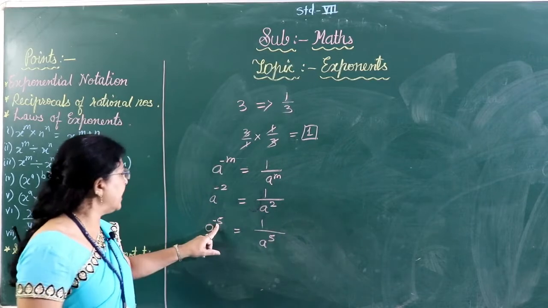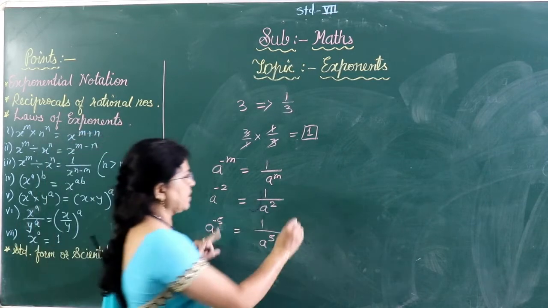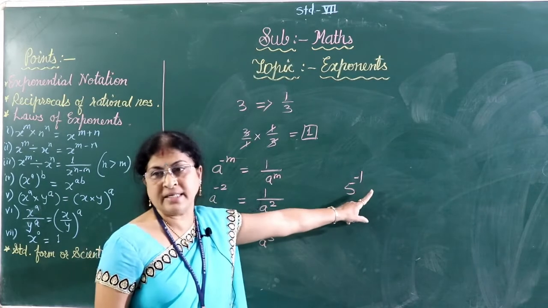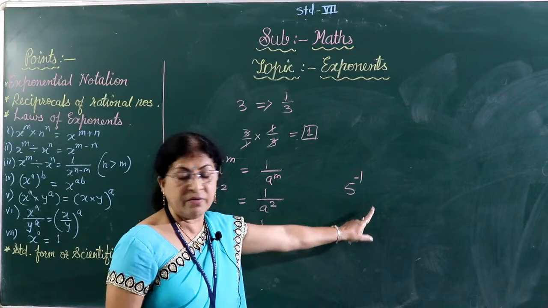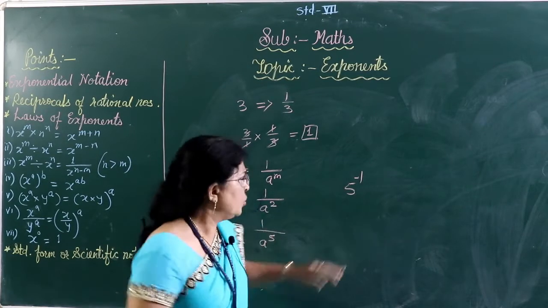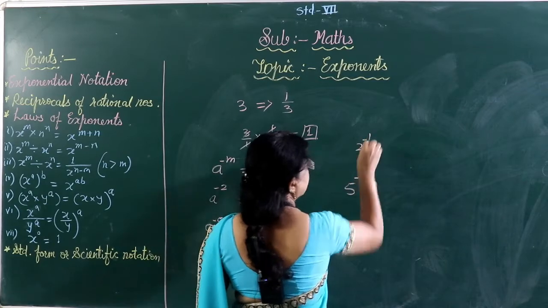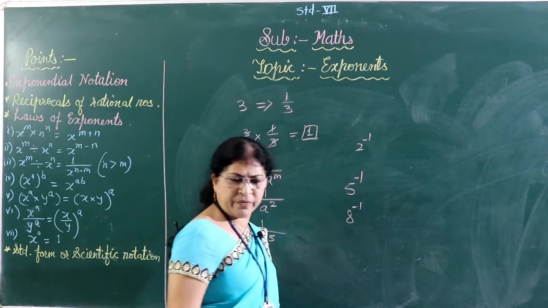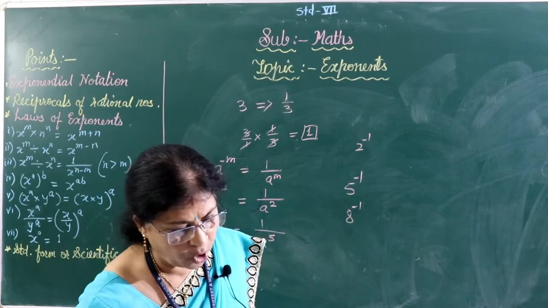So this indicates that the inverse is asked. If 5 raised to minus 1, it means the inverse of 5 is asked. What answer will you write? Inverse of 5? 1 upon 5. Inverse of 2? 1 upon 2. So the inverse of 2 you can express like this, 2 inverse or 8 inverse. In this way we can write the inverse of this problem.